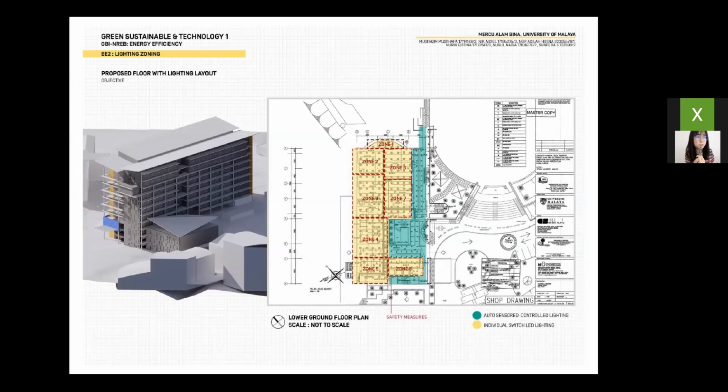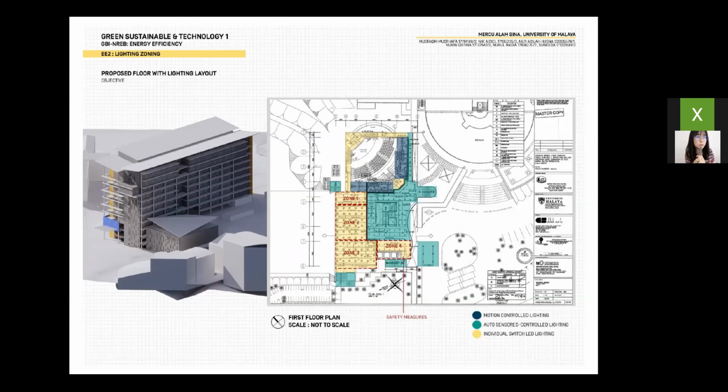The idea is to collect the points: the first point is for the individual lighting, and the second point is for the auto sensor. So this is the ground floor that I've managed to make. Next. There's a library, right? Yeah, okay.